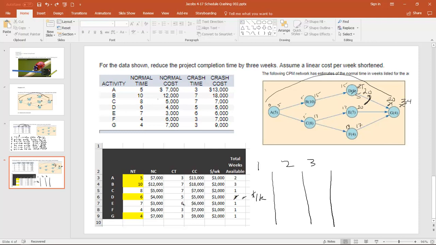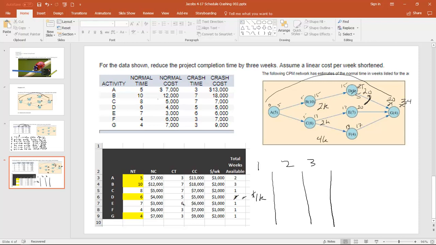So B would cost us, if we go to the table, $2,000, okay? And we reduce that by 1 week. And which is cheaper, C or E? We look at C, it's 2,000, and E is 3,000. So you would reduce this by 1 week, and it would cost us 2,000 again, all right? So the total cost to reduce both of these paths by a week would be $4,000, right?